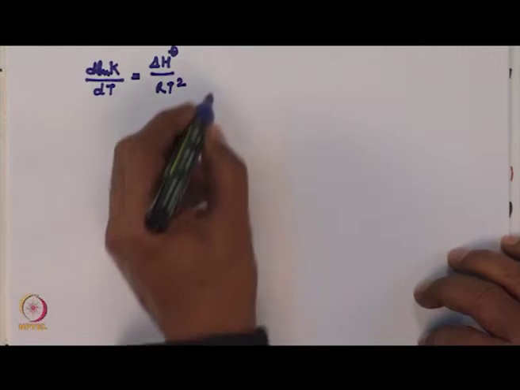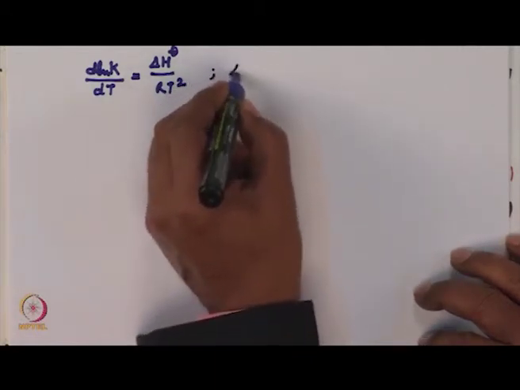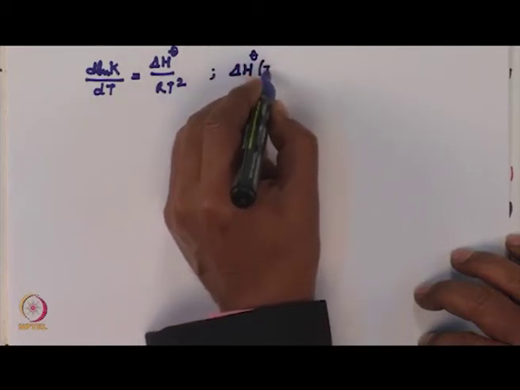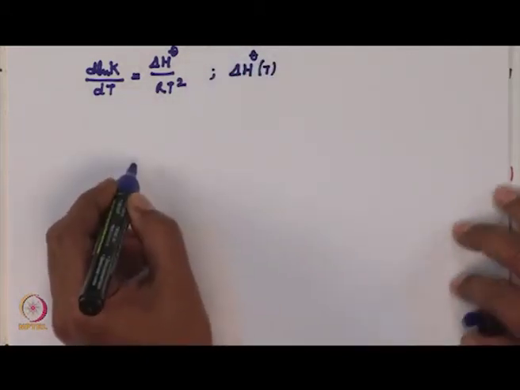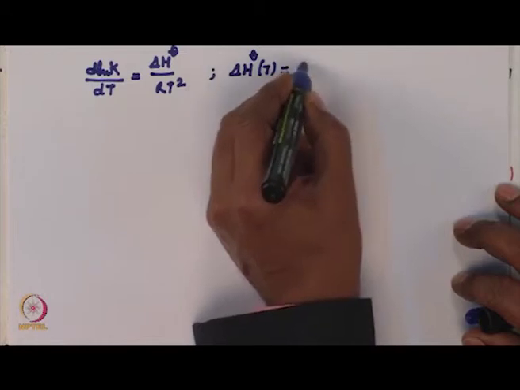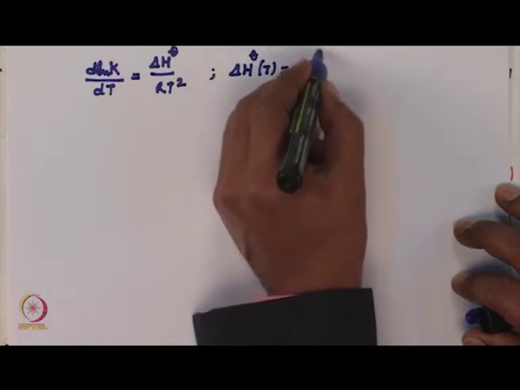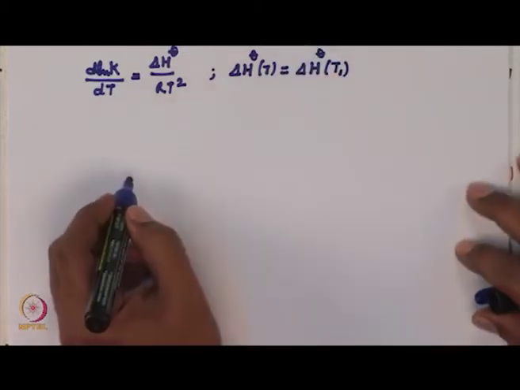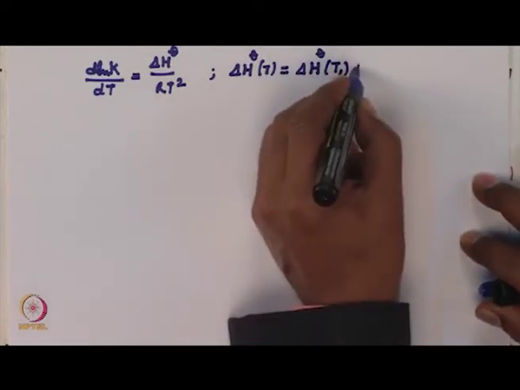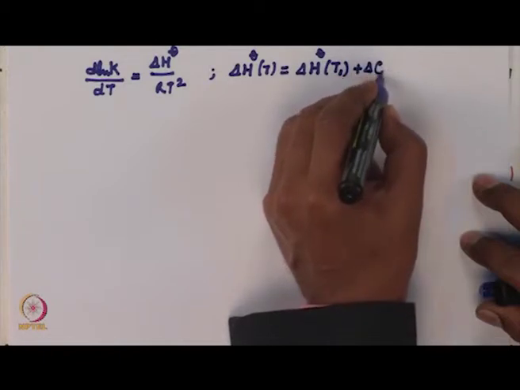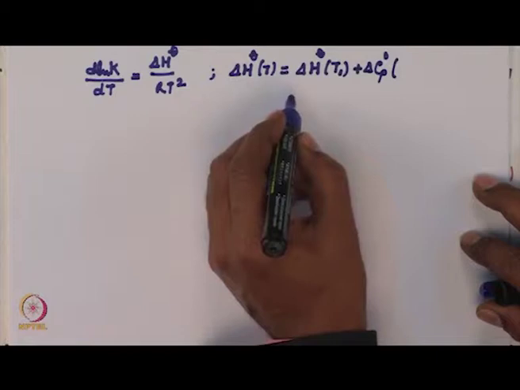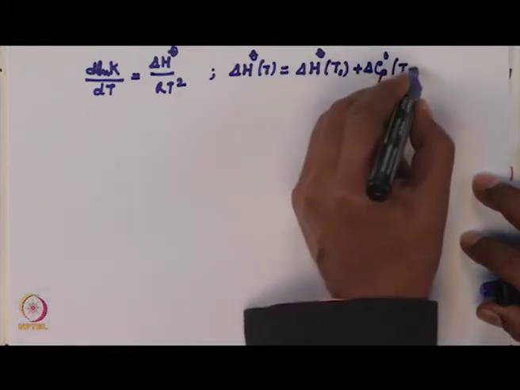Now delta H naught at any temperature I can write as delta H naught at T1, let's say T1 is my reference temperature, plus delta Cp naught into T minus T1.